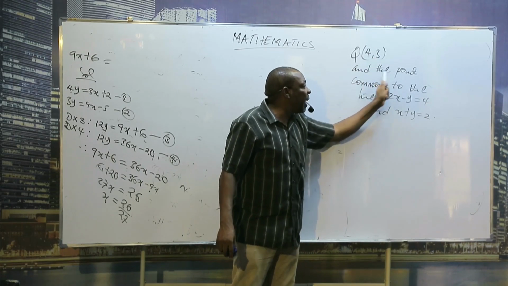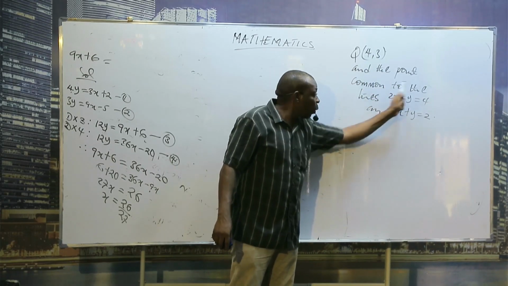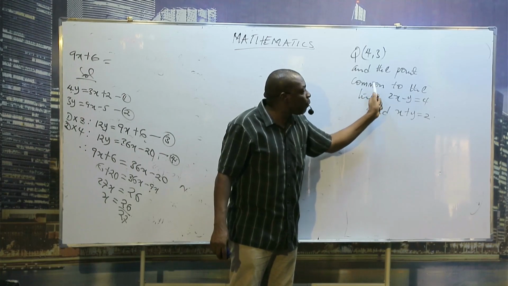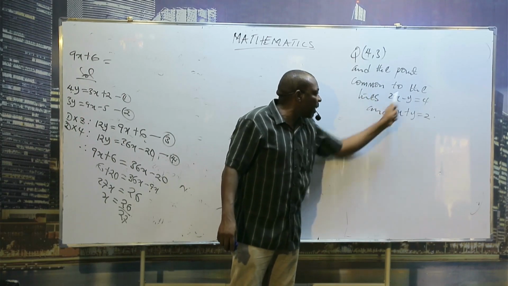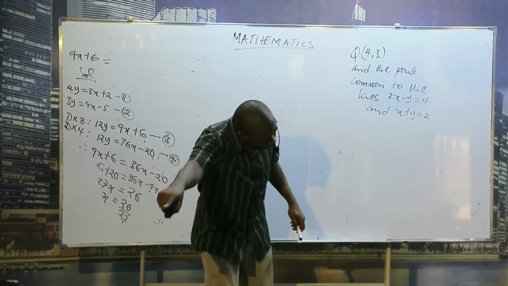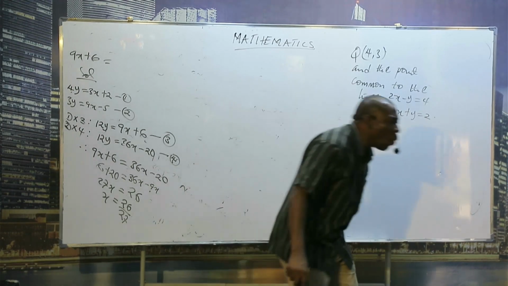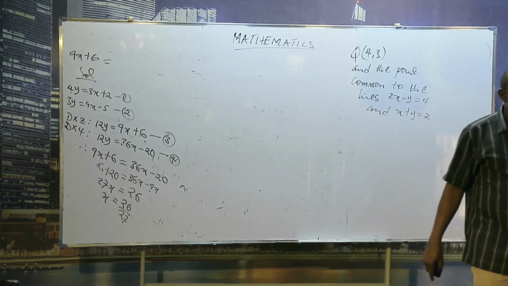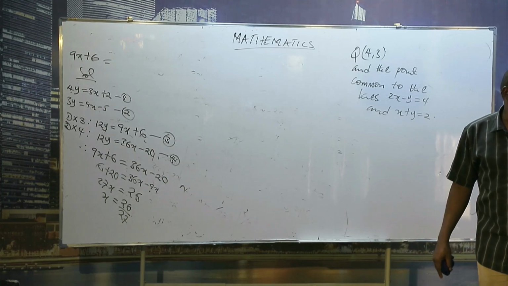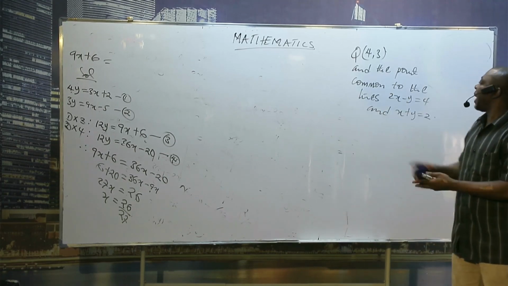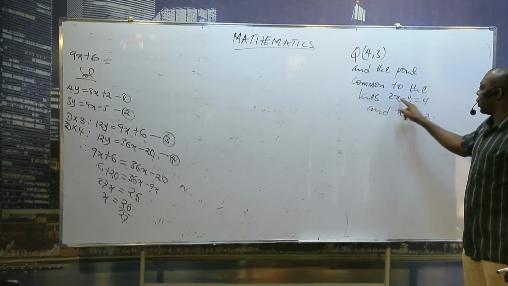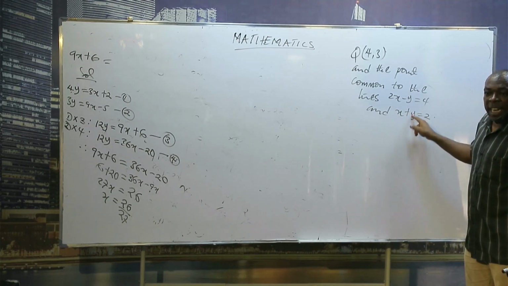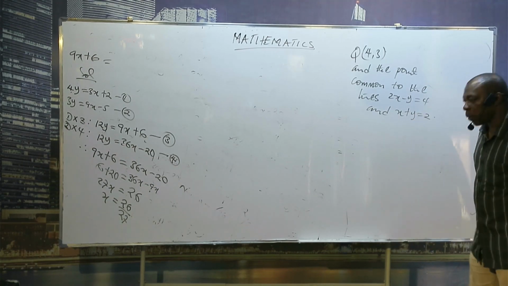But the next point will be the point common to the lines. What is another name for the point common to these two lines? Intersection.